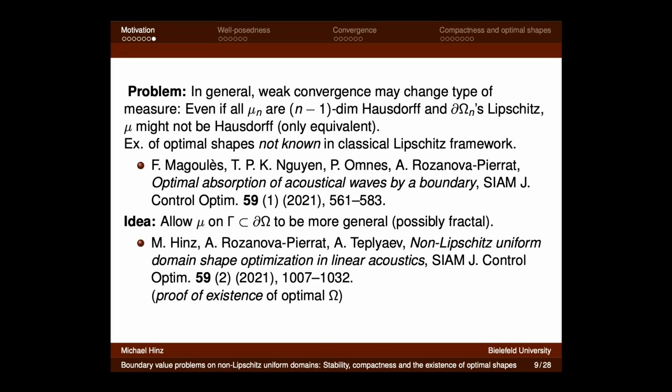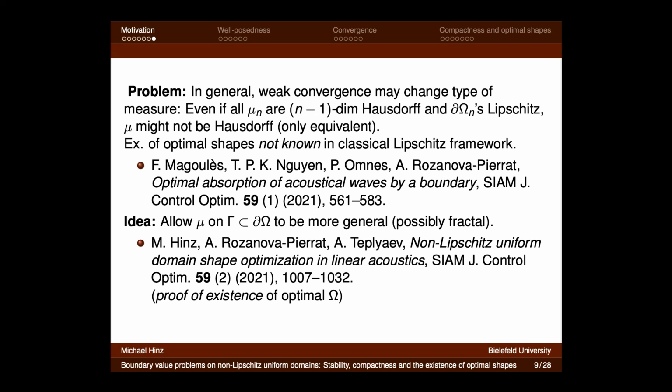So what is the problem here? In general, weak convergence is very good for most purposes, but it's difficult if you want to fix a class of admissible domains over which you minimize, because weak convergence can change the type of measure that you look at. So suppose, for instance, what was done in a more classical context, that people would look at Lipschitz domains.